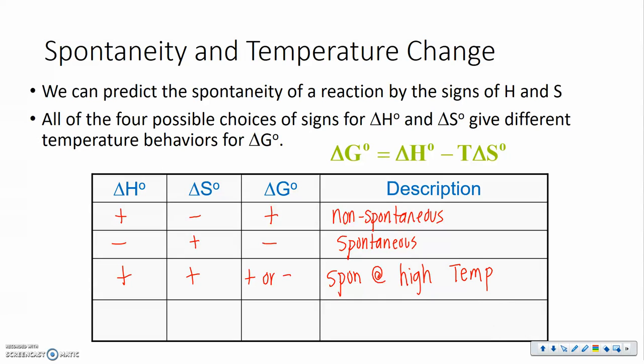Now you can actually calculate what the actual temperature is, but high typically means several hundred into the thousands. If they're both negative, again, depending on the temperature, your delta G, your Gibbs free energy, can be positive or negative. These tend to be spontaneous at lower temperatures, so closer to room temperature, closer to 0.